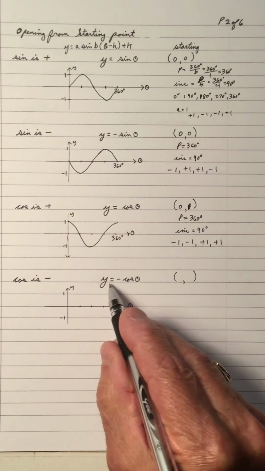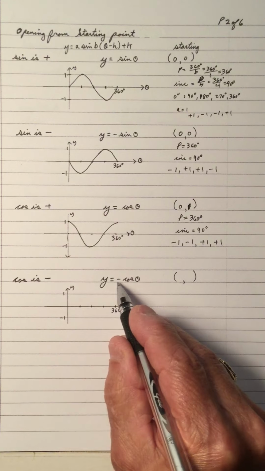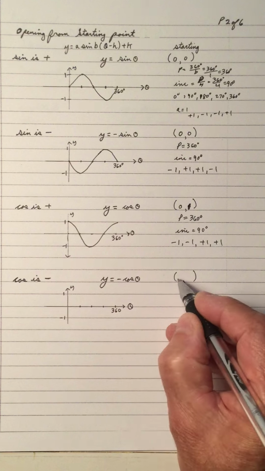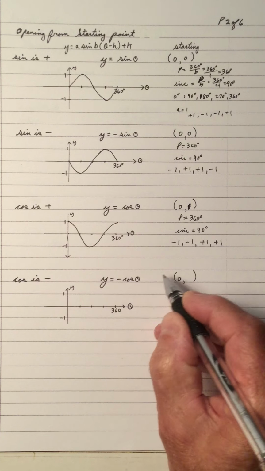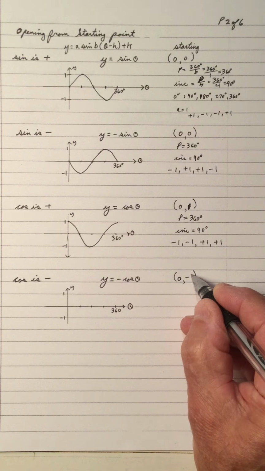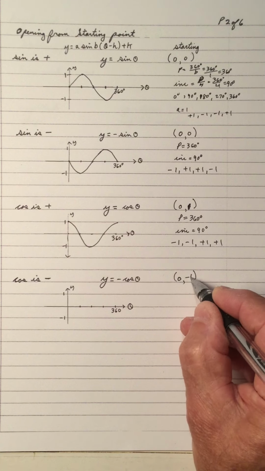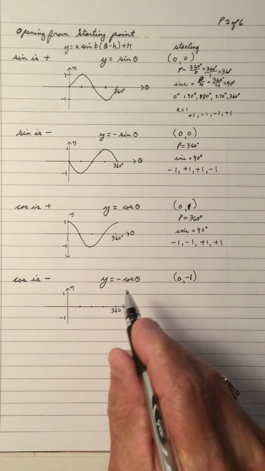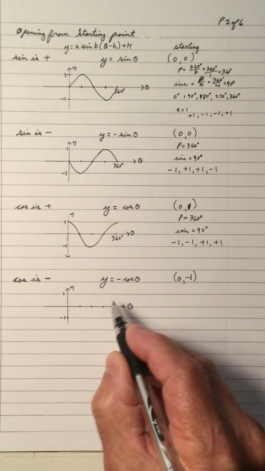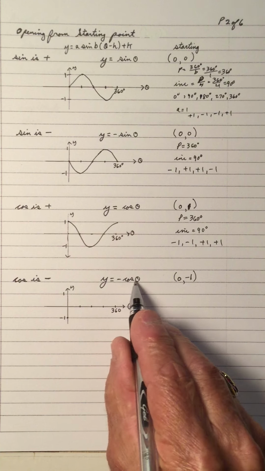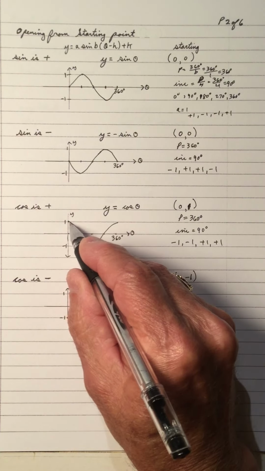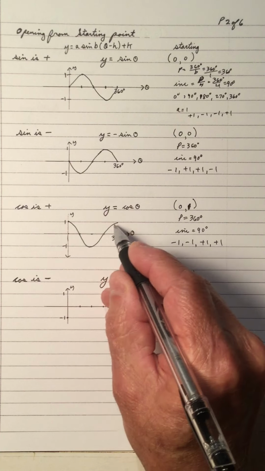Let's look at when cos is negative, y equals negative cos theta. When you put 0 in, we got 0 for h, and the cos of 0 is negative 1, so we start down here at 0, minus 1. If the cos is positive, it'll go down, down, up, up.